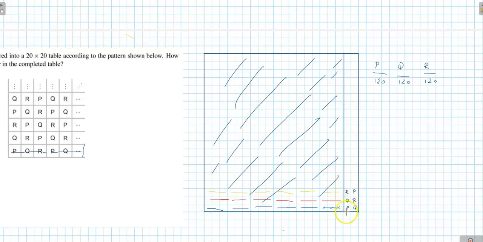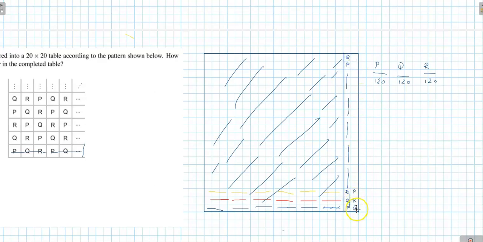It will continue PQR, PQR, so it's going to be the same one. So PQR, another PQR, another PQR, another one, another PQR, another PQR, and then PQR, PQR. So this means this one is going to be P, this one is going to be Q.